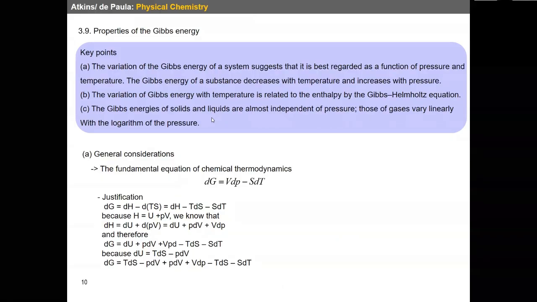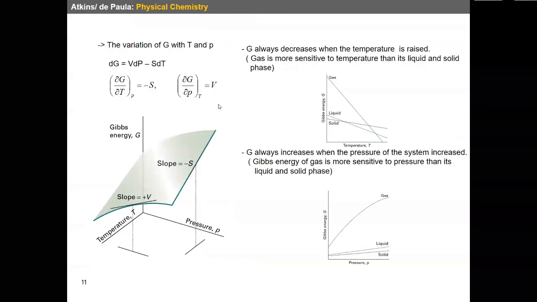Okay, so now we get this final function of dG in terms of temperature and pressure, right? At constant pressure, dP will be 0, right?